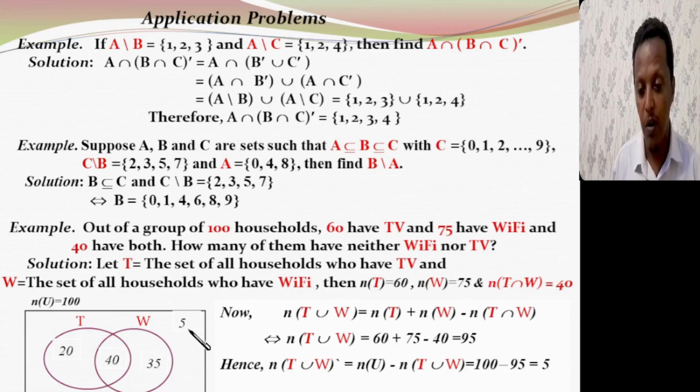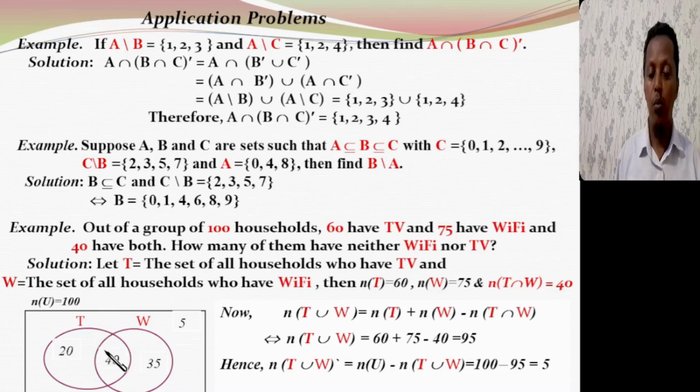So based on the Venn diagram, we can describe this word problem. This is one of the importances of the Venn diagram. We can demonstrate ideas in set theory based on the Venn diagram. I hope you understand the concept.